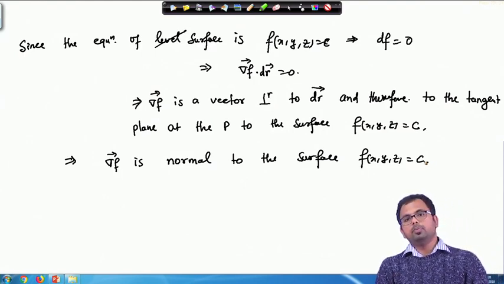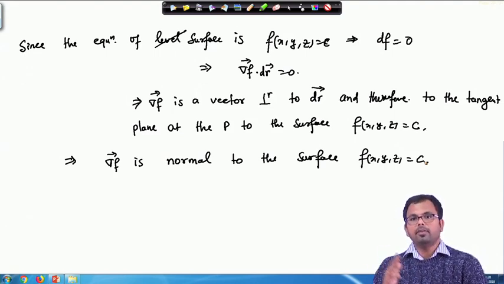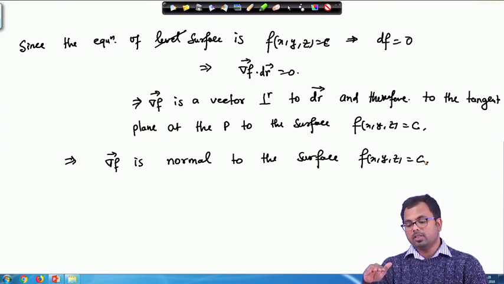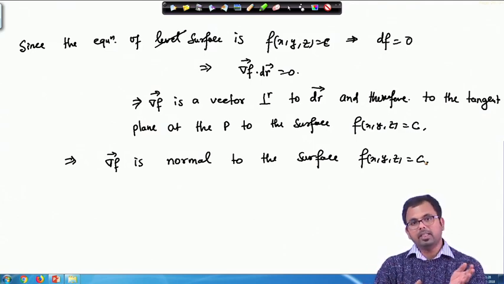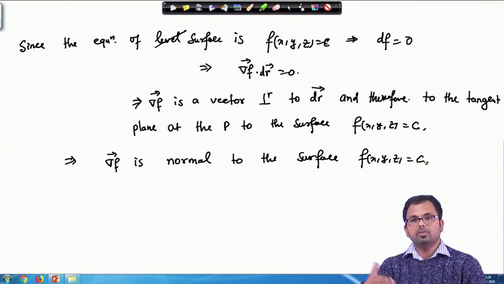So, here we prove that the gradient of a function, grad f or del f, is perpendicular or normal to the surface f(x, y, z) equals c. You remember in the beginning when I introduced the concept of the gradient of a function, I mentioned that it has a physical meaning, and this is what the physical meaning is.